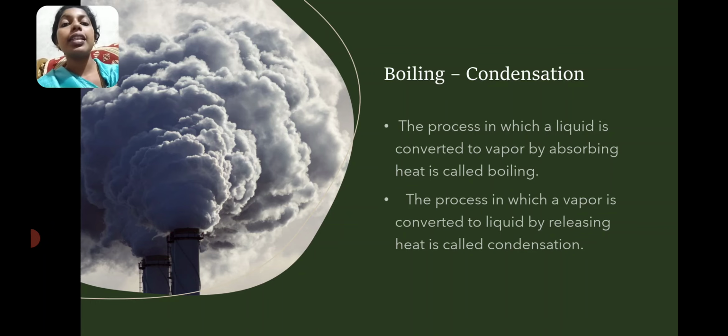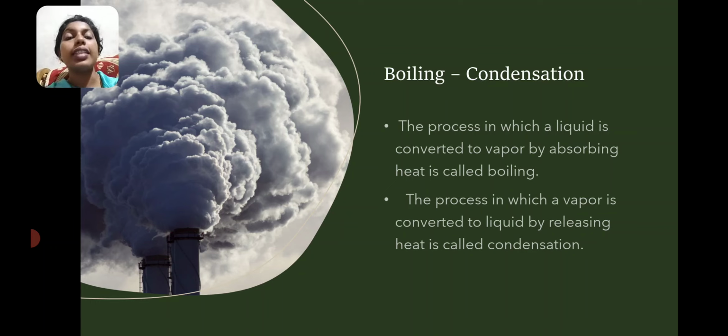The particles break from one another and move randomly. For example, when liquid water is heated to 100 degrees Celsius, it boils to become steam. Boiling occurs when the boiling point is reached and the liquid state changes to the gaseous state.